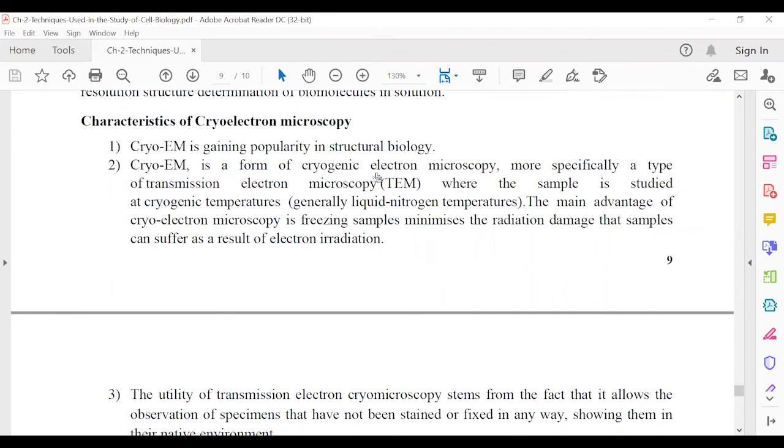Cryo-electron microscopy, from cryogenic electron microscopy, is a type of transmission electron microscopy where the sample is studied at a cryogenic temperature. The main advantage of cryogenic microscopy is that freezing samples minimizes the radiation damage that samples can suffer as a result of electron irradiation.